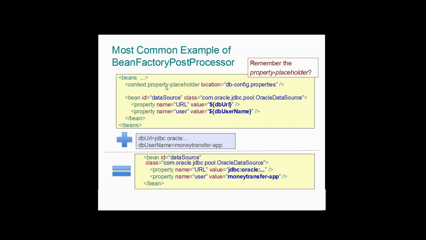Behind the scenes, this tag has an implementation in a specific class. That class is an implementation of Bean factory post processor. The Bean factory post processor interface has been implemented behind the scenes.